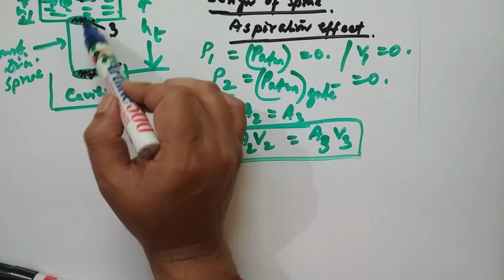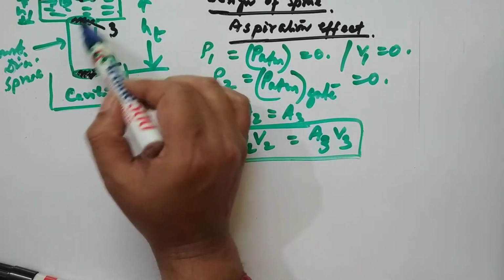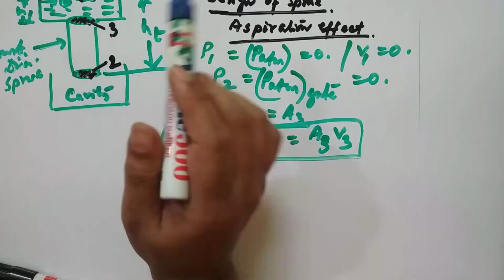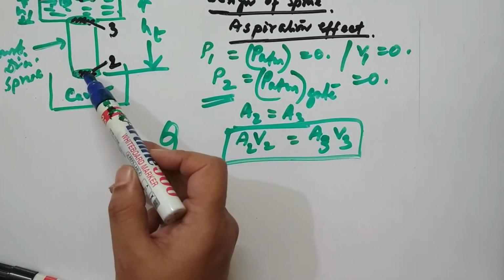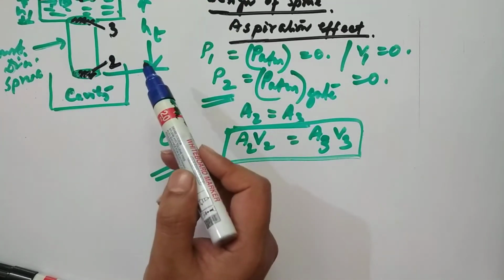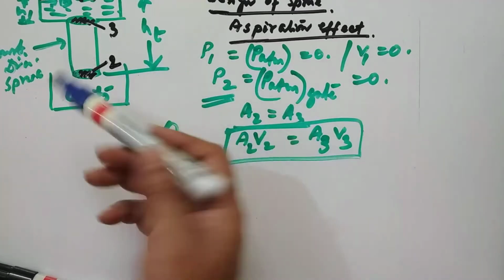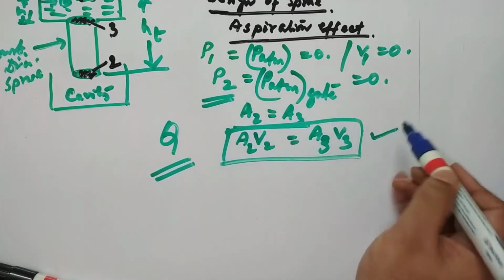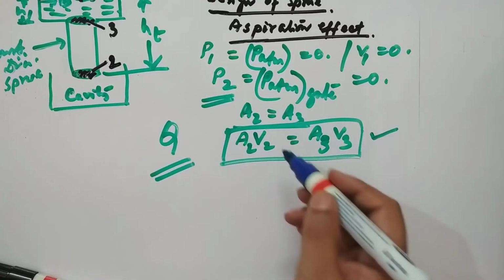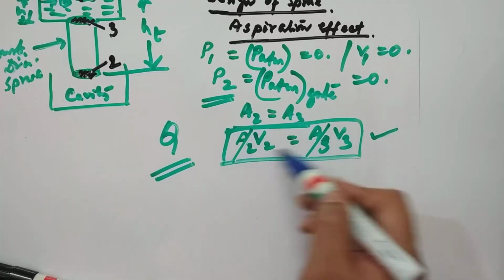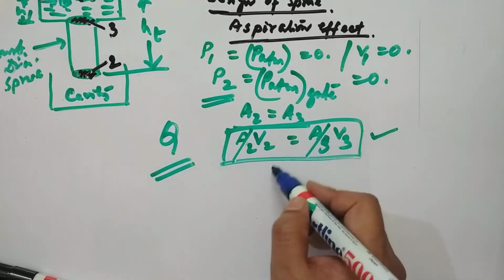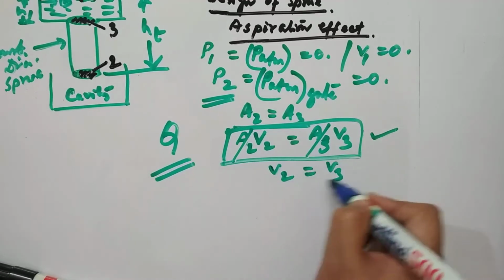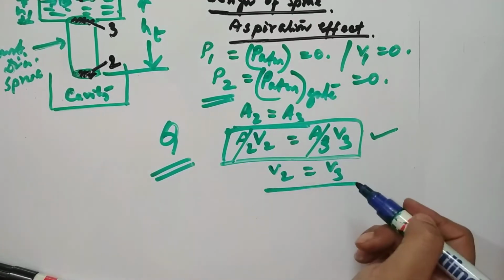The amount of molten metal coming from this point will be equal to the amount of metal leaving point 2, and we are neglecting the frictional losses. So this is valid because the area is equal. And if the areas are equal, then the velocity should be equal as well, that is V2 should be equal to V3.